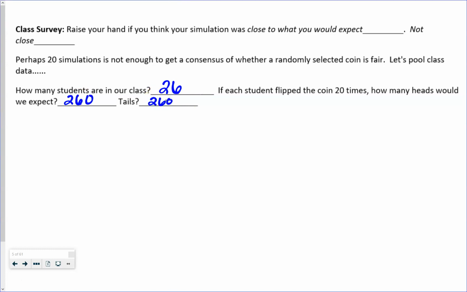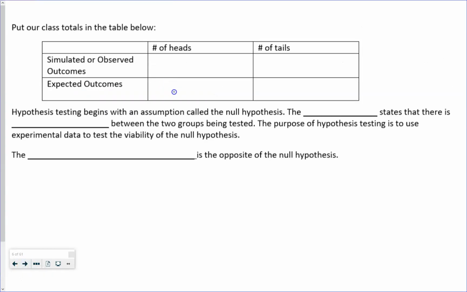Out of the expected 260 for each, they got 245 heads and 275 tails, okay?